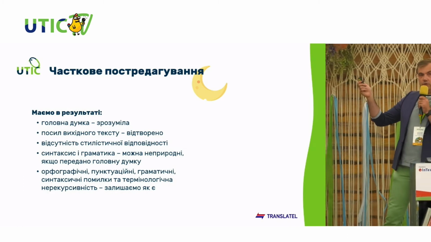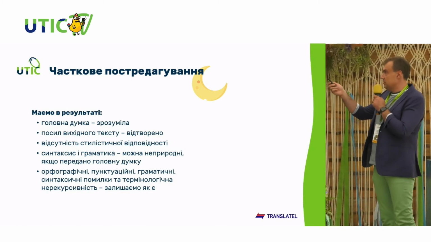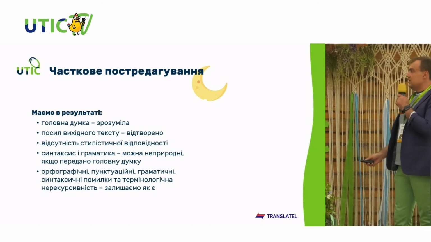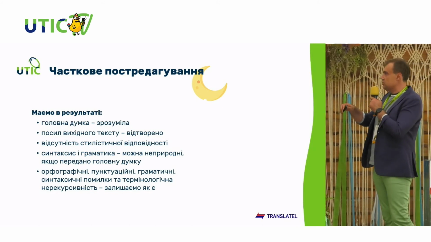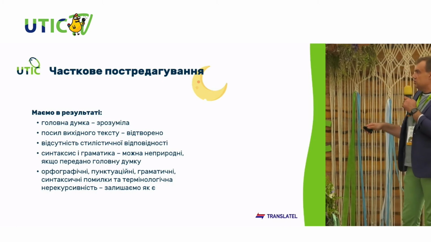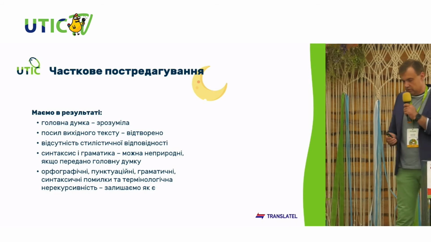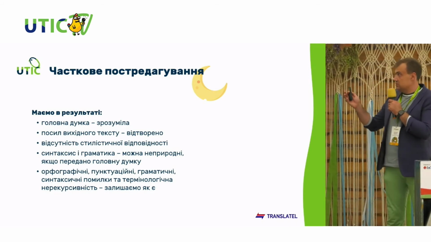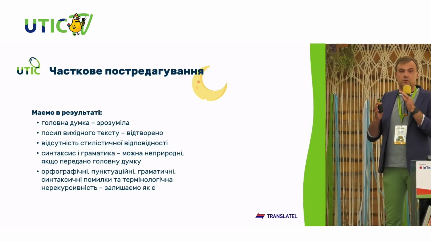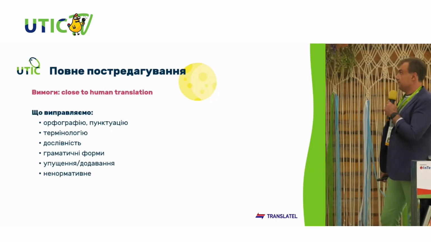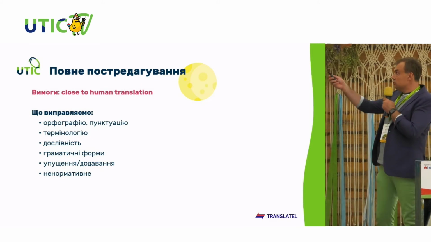As a result, syntax and grammar could be unnatural, but they should not be an obstacle for the main purpose of this text. Of course, some orthographical, punctuation, grammar, syntactical mistakes, some terminology, cursivity, we leave as it is. The main purpose of the text should be clear.